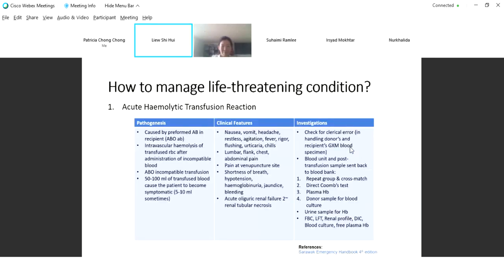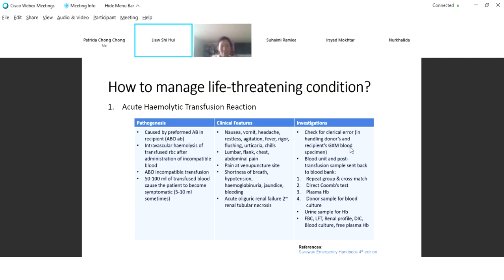Okay, next. So for the first one, the acute hemolytic transfusion reaction, it happens when we transfuse ABO incompatible blood to the patient. The patient already has the antibody, and when you transfuse the ABO incompatible blood, the antibody will attack the red blood cell antigen, and it will further cause intravascular hemolysis of the transfused blood.